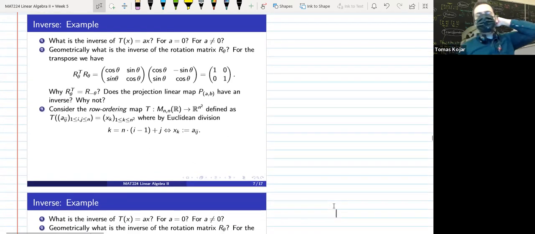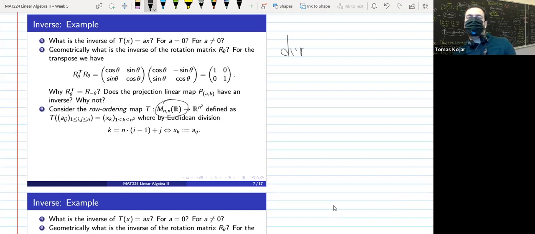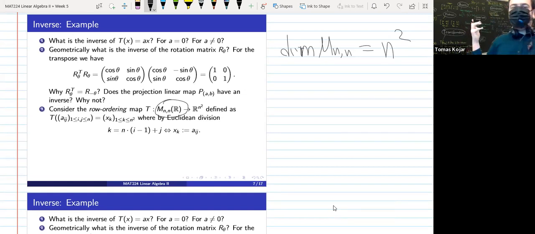Okay, so as promised, yesterday we talked about how the dimension of M n by n is equal to n squared. I learned this from computer science.